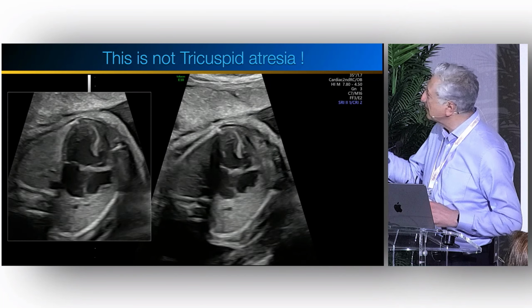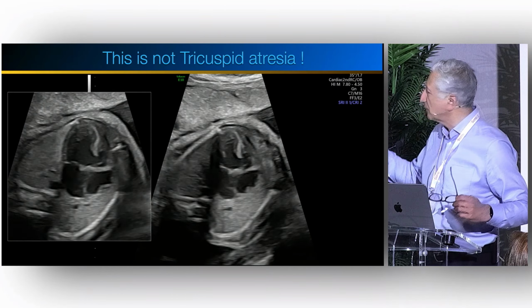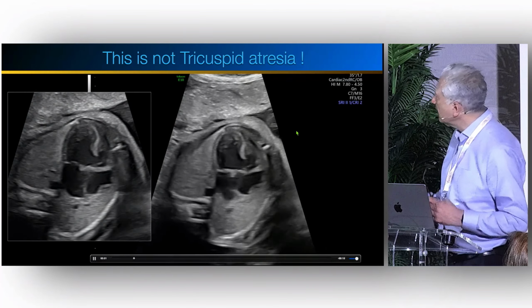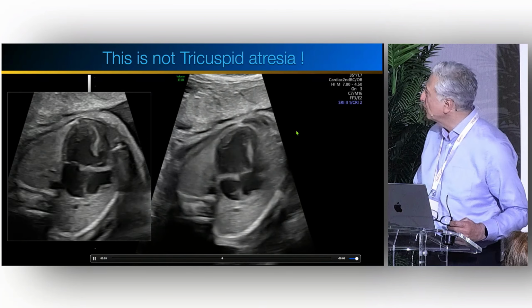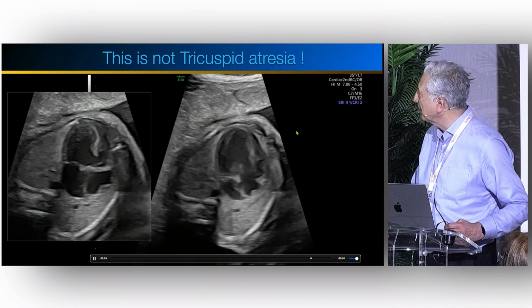In this case, after a scan, after 1 minute, I said, I know it is tricuspid atresia because it looks like a tricuspid atresia. I've seen some 50 cases, and you think it's tricuspid atresia, and you switch the color on, because routinely you switch the color on, and I discovered I was wrong, luckily only for a minute.